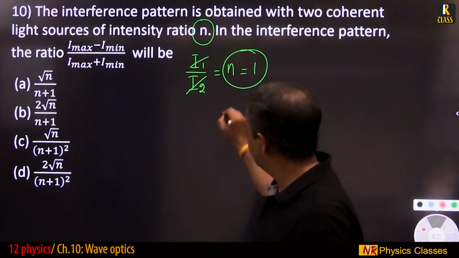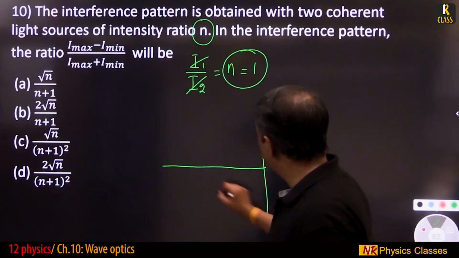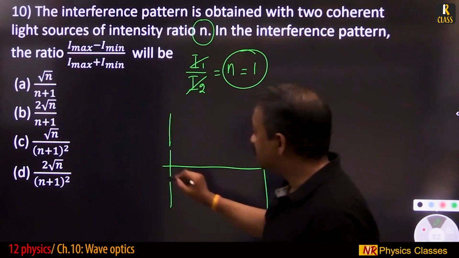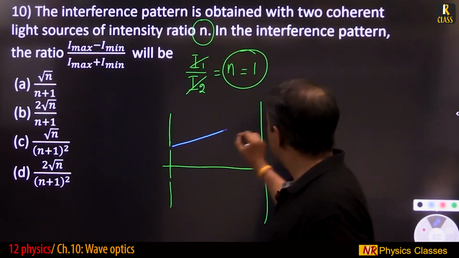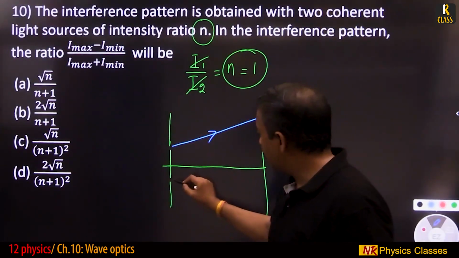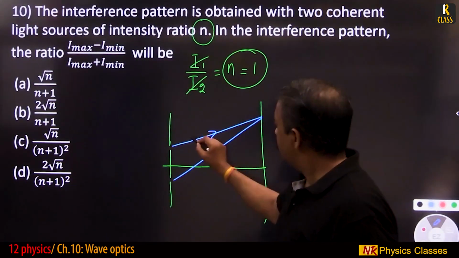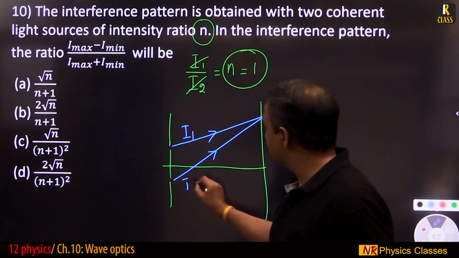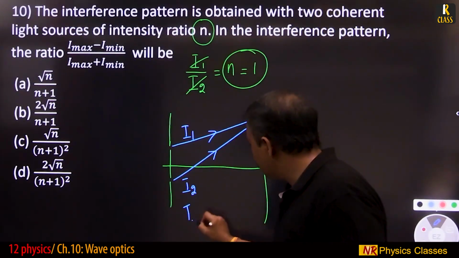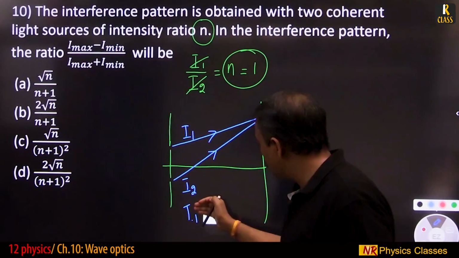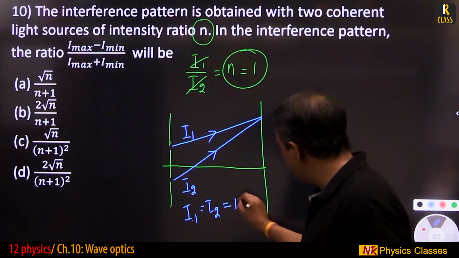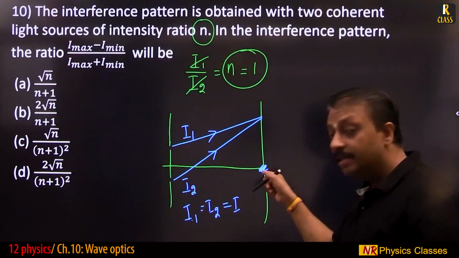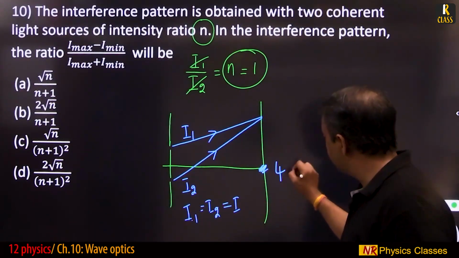Second concept, this is the interference, Young's double slit experiment. Light from the first slit, light from the second slit. If this intensity is I1, this intensity is I2, and I1 equals I2 equals I, then the intensity at the center of the screen is 4I.